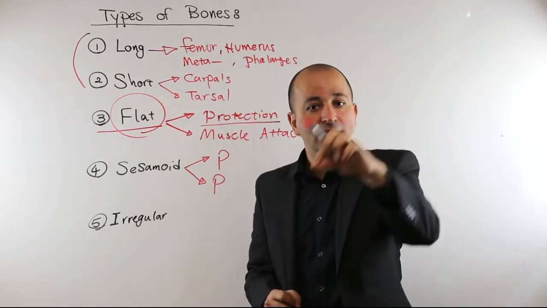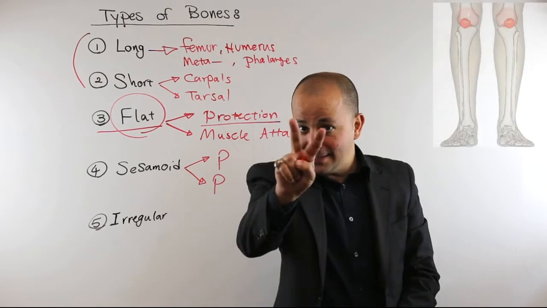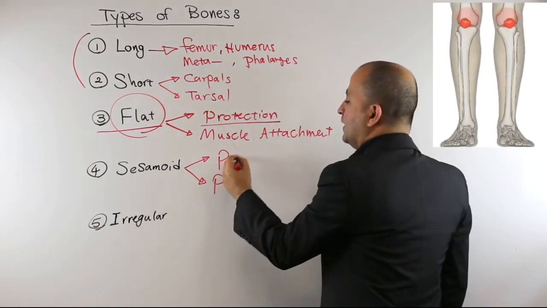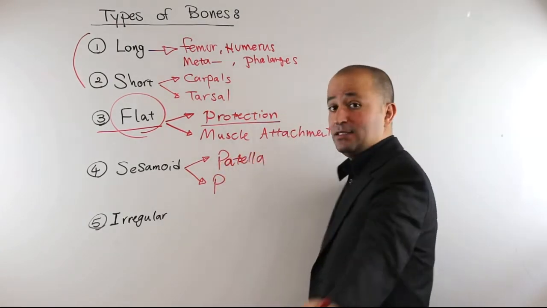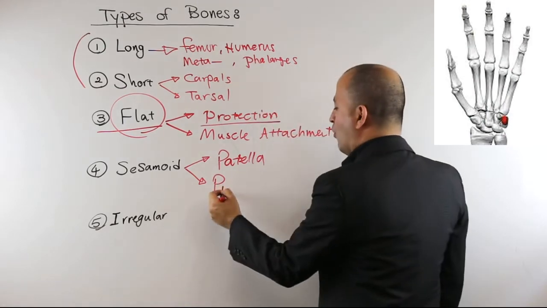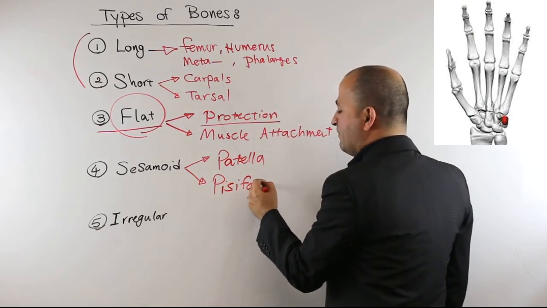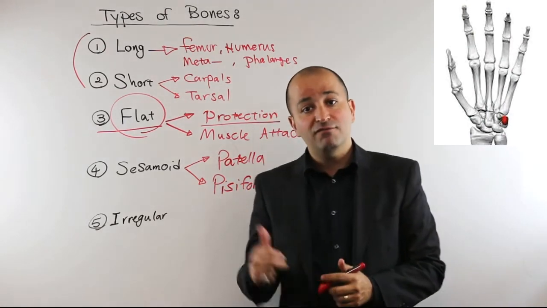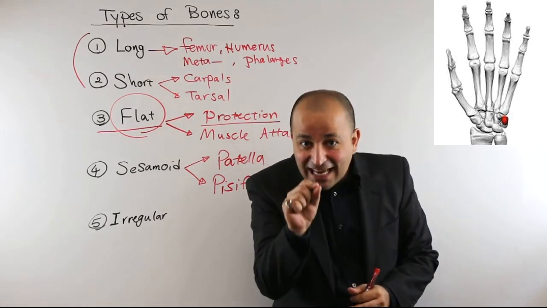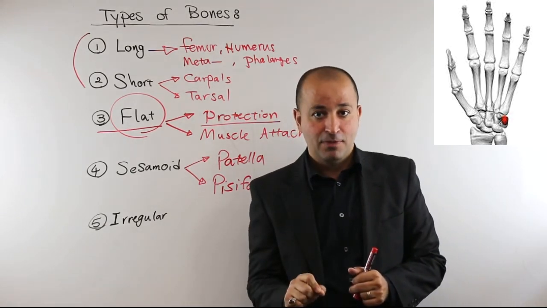The 2 P examples in the body: number one is patella, number two is pisiform.